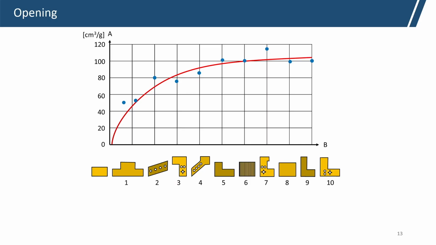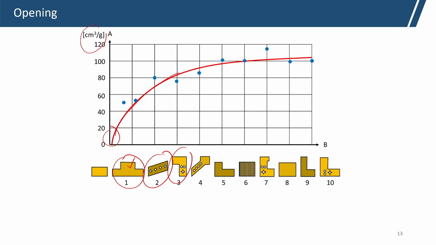Now if you see the opening action here, there are different processes. At the first process, the opening is very low, as it is the initial stage. Now the material goes through process 1, process 2, process 3.